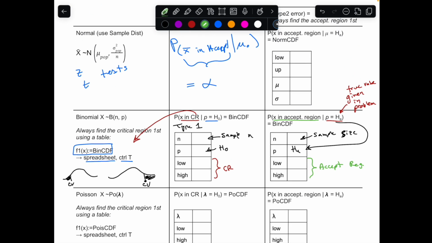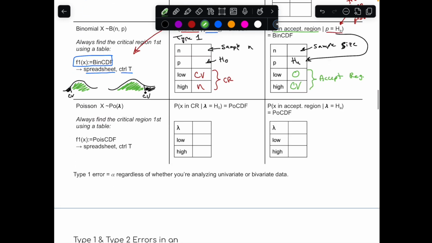If you have a lower tail for your critical region, which meant you went 0 up to a critical value here, that means your acceptance region is going to be the opposite side, so critical value up to n. However, if you're doing an upper tail test, then your acceptance region is on the left. And so we'd switch these around. Your critical region will be CV up to n, and your acceptance region would be 0 up to CV, the critical value. So let's do an example.